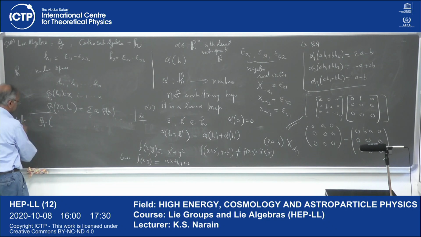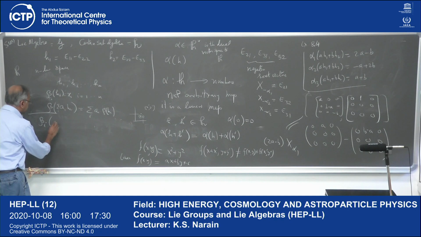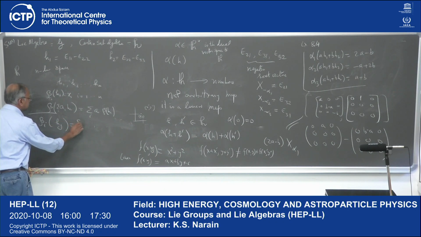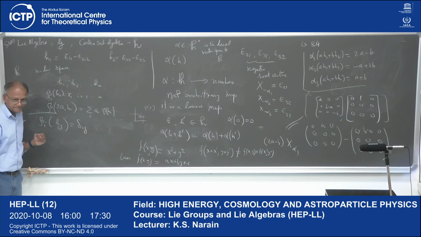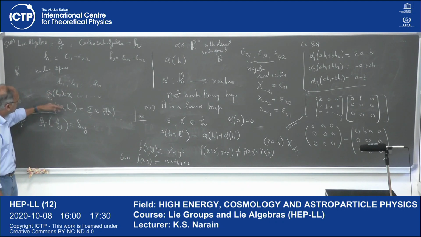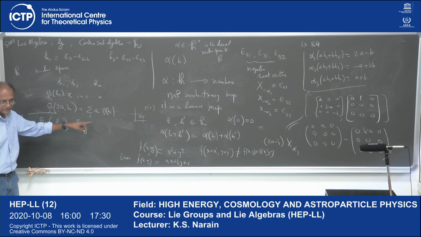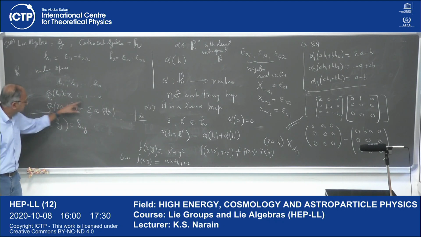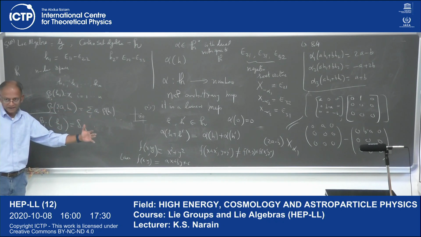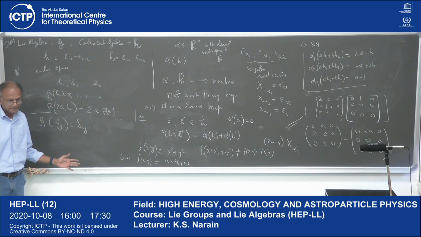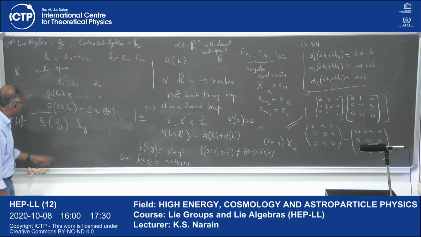I'm just defining these functions, and then extend them to all arbitrary elements by using linearity. Because once I have defined this, then from this argument, we can extend it to the whole vector space.